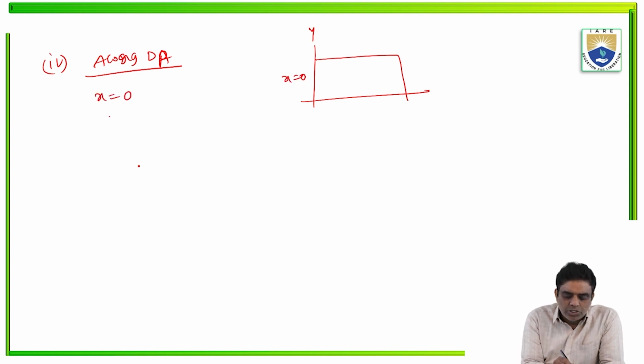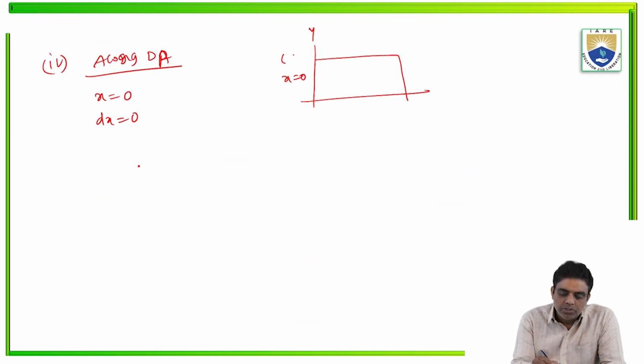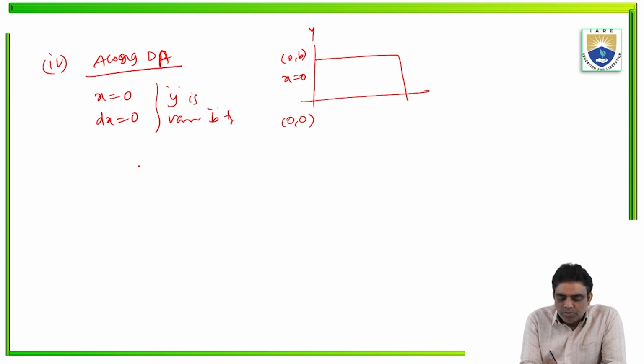The equation is x is 0, so dx is also 0. The point is 0 comma b, and this is 0 comma 0. So x is 0 means dx is 0. Here y is the variable factor. y varies from b to 0, and along this I am calculating from b to 0.